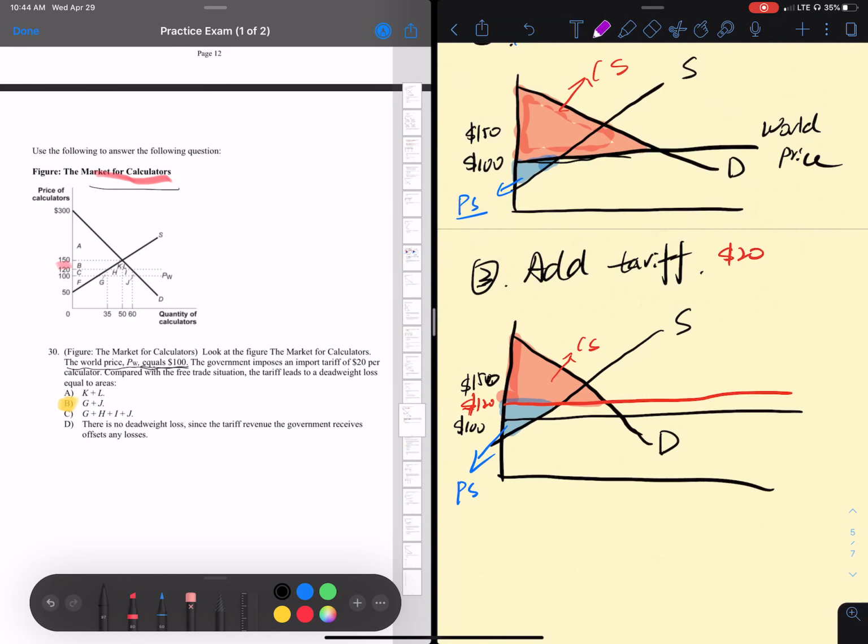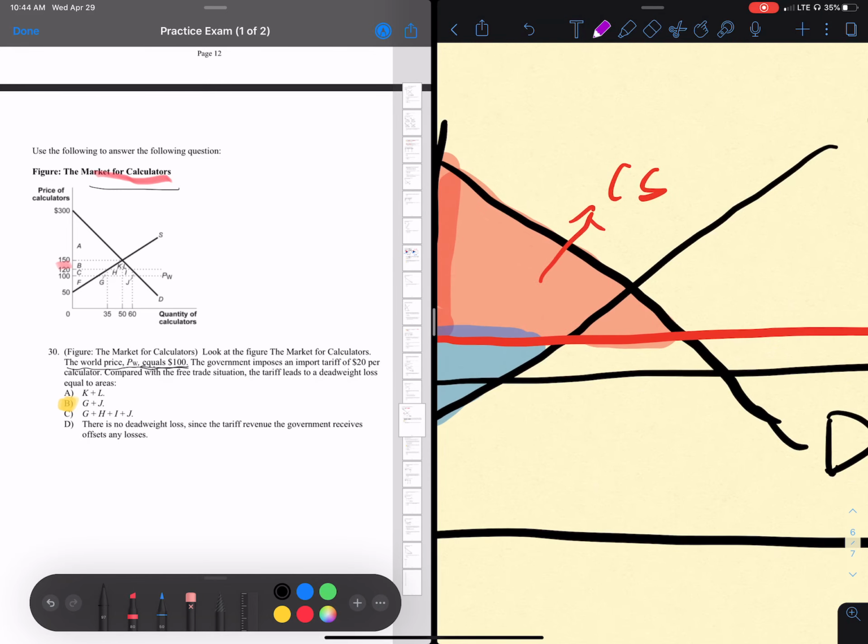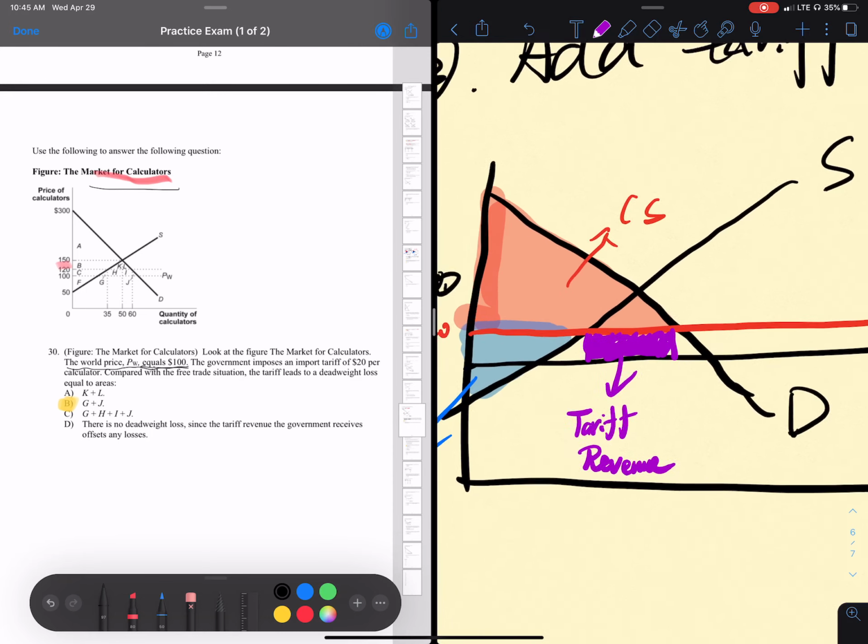Let me show you, try to zoom in. From here, this purple part is your tariff income collected by the government. So this one is tariff income for the government. You can write it as tariff revenue, maybe that's better, tariff revenue for the government.